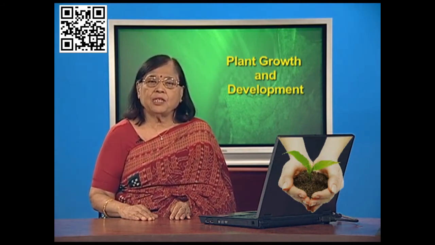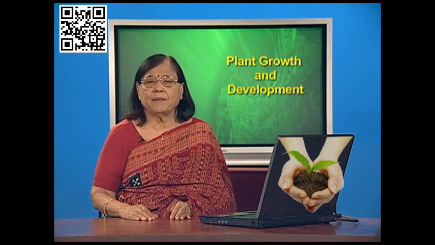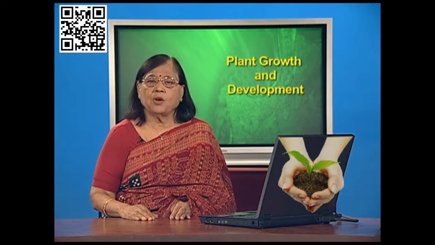The meristematic tissue, which is dividing at the tip of a stem, for example, will cause the elongation of a stem. We are discussing phases of growth. As I told you, meristematic tissue at the tip of stem is causing elongation. Similarly, meristematic tissue at the tip of root is causing root elongation, and the same thing is happening in other areas.